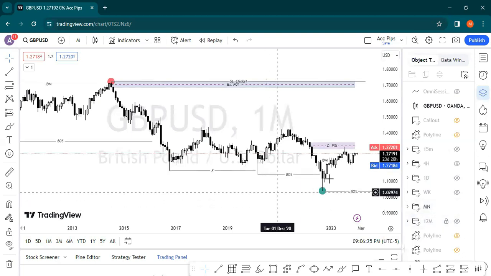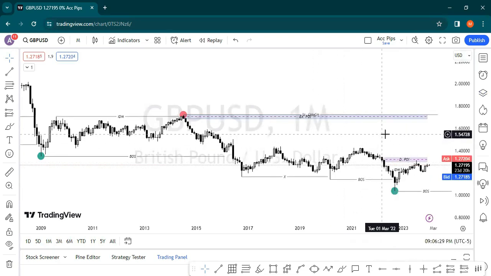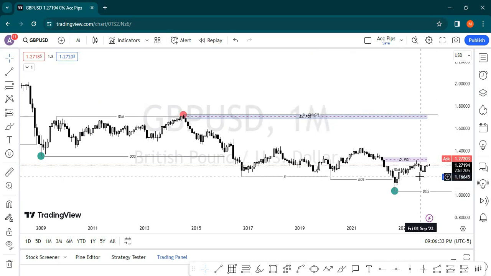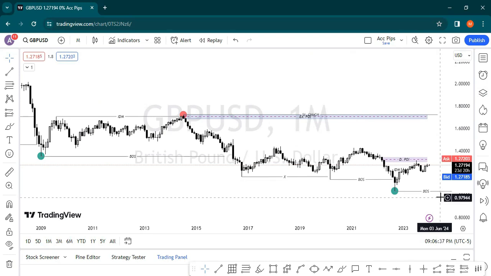Let me check that. So last year I told you that GU was in a bearish trend overall on the monthly time frame, and we were currently on the decisional OB, but I told you that the likelihood that the decisional OB is going to be violated is high. Why?